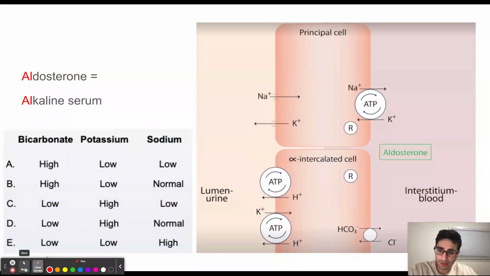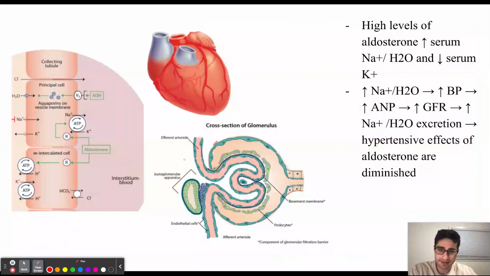Now let's go over what aldosterone escape is because this is a high yield concept. So remember that aldosterone, we said, was going to cause reabsorption of sodium, and water is going to follow sodium, and that will in return lead to hypertension.